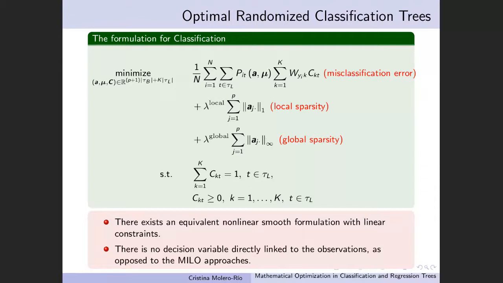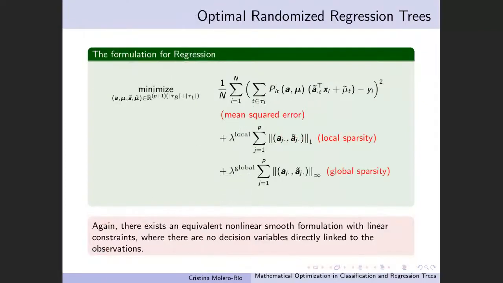We can see that there exists an equivalent nonlinear smooth formulation of this problem with linear constraints. And if you see the range of the decision variables, there are no decision variables that are directly linked to the observations, as opposed to MILO approaches, as we have said before. In case of regression, we also have these properties, and as customary, we minimize the mean square error together with the local and global sparsity terms.